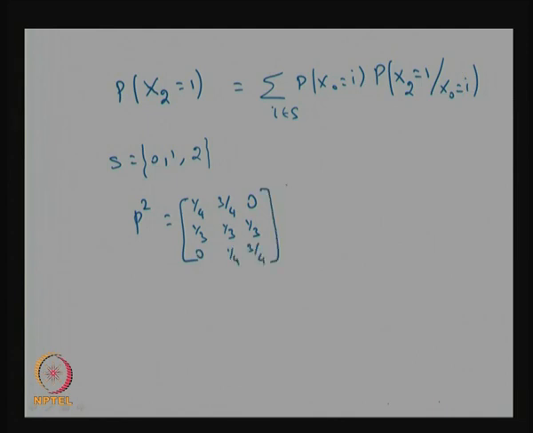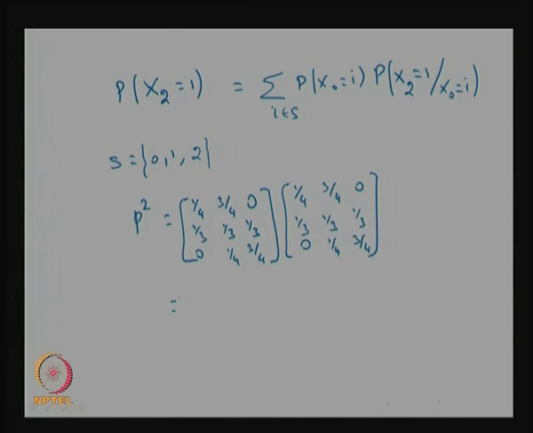So, this is P. You multiply the same thing again, 1/3, 1/3, 1/3, 0, 1/4, 3/4, and you find out P square. From P square you pick out the elements for X0 equal to i for all possible i, then multiply these, and that multiplication will give the probability of X2 equal to 1.